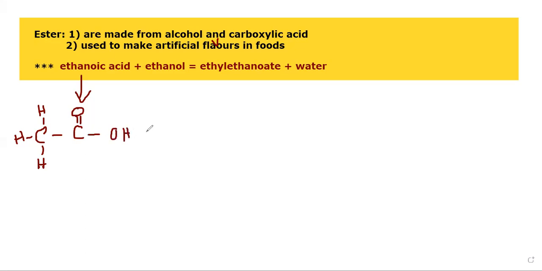So we are done with ethanoic acid. Now we are going to draw the ethanol. So ethanol is 2C, and we have OH and all the H.